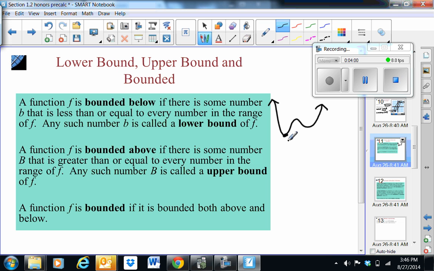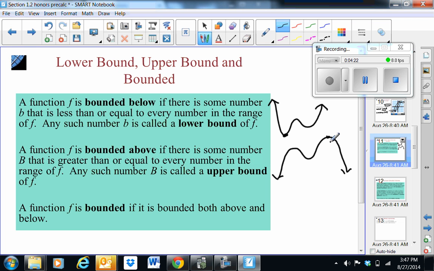This would be the lowest point. There's nothing where y is going to negative infinity, so this function would be bounded below. A function is bounded above, in this case, for instance, because we have a definite maximum value for our y, and there's nothing where y is going to infinity above.